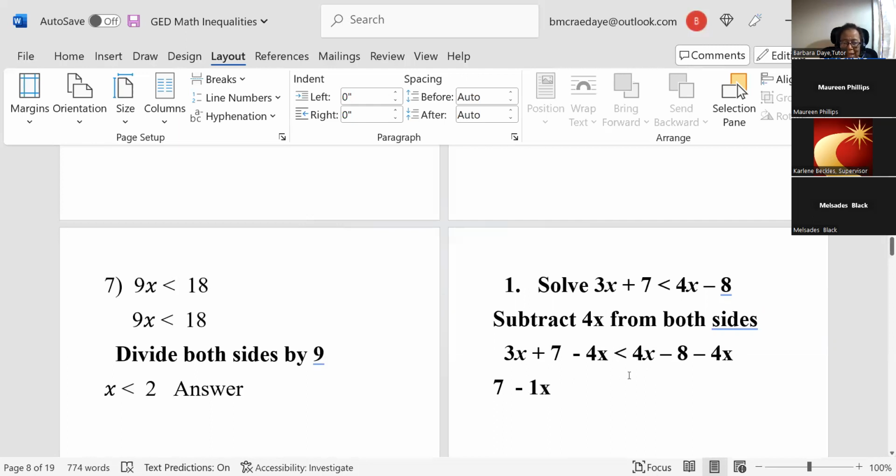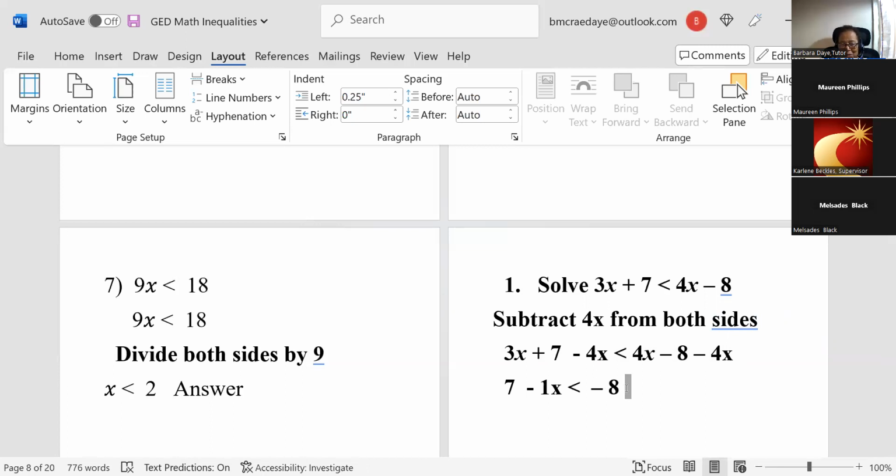And on the right side, what do I have, Maureen? 7 minus 1x. And the 4x and the minus 4x becomes 0. So I'll just have minus 8 left, right? Minus 8. There we go. Now that's what it looks like. Now I want to get the 7 on the right side.